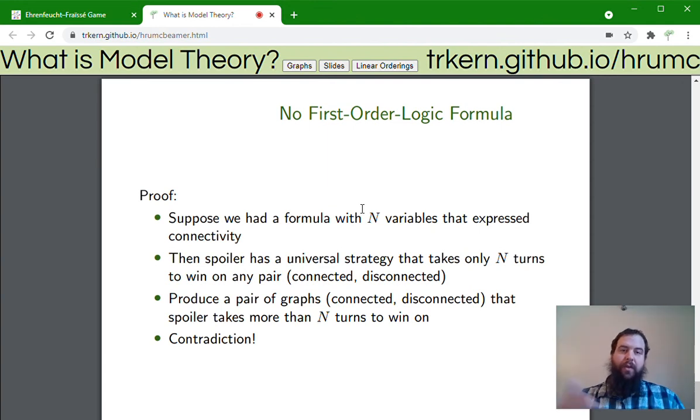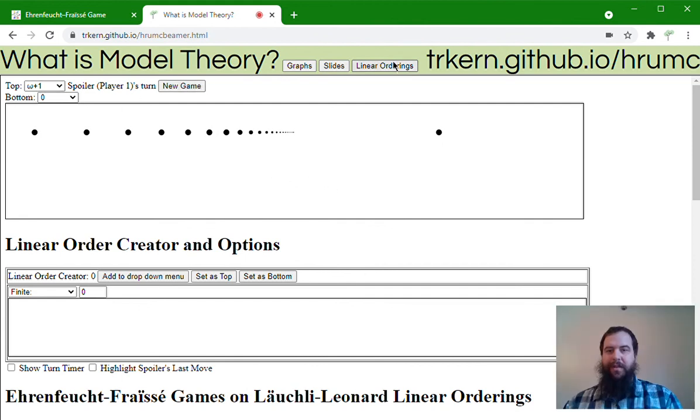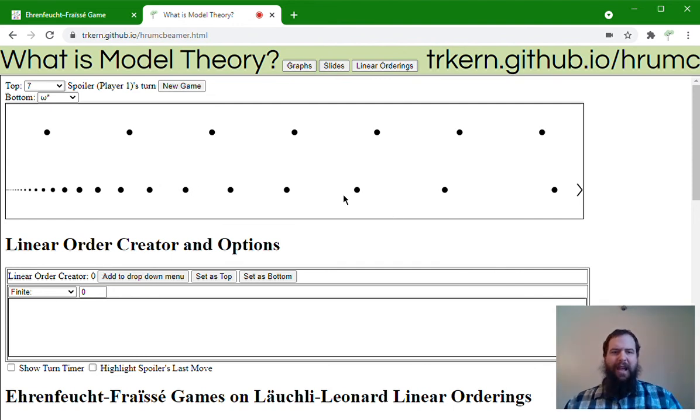And in fact, if you go online, you can also play this game on infinite linear orderings. So here we have some infinite linear orderings, and we can play the Ehrenfeucht-Fraïssé game on those as well. There's no AI for this because it's really hard to build an AI for infinite games. It's possible though, which is kind of neat, but it is quite difficult.